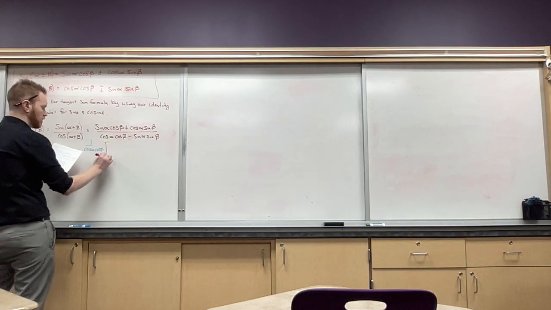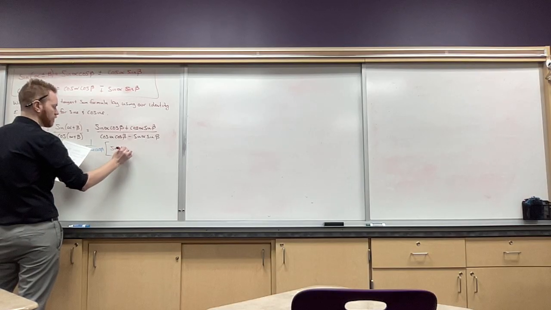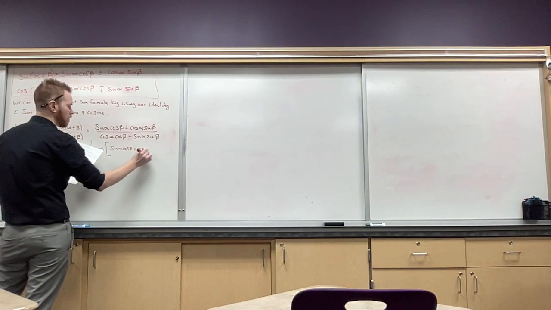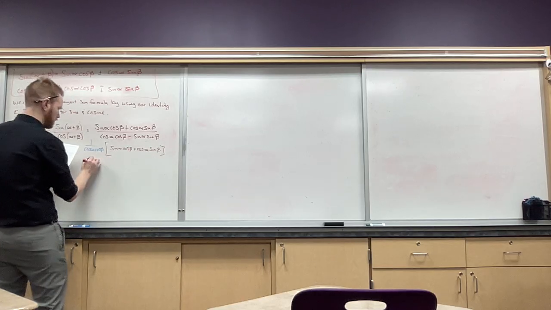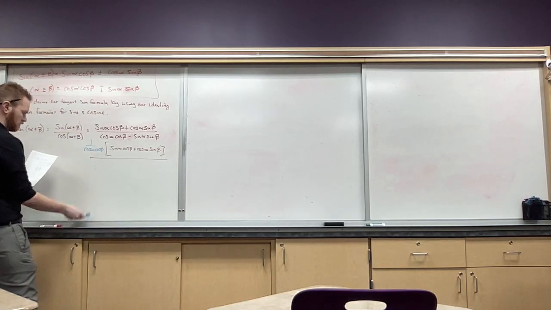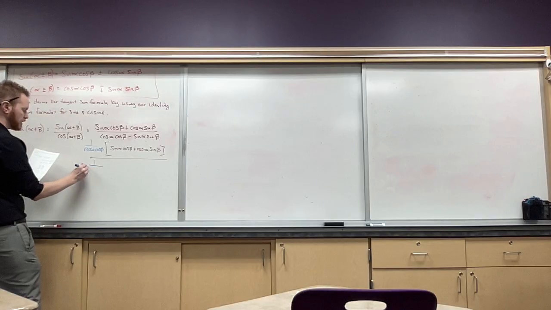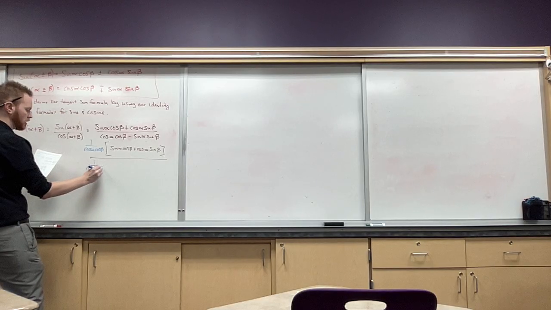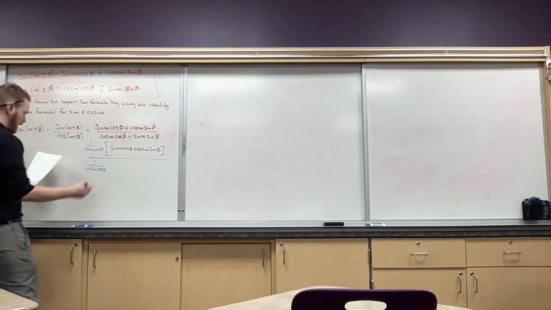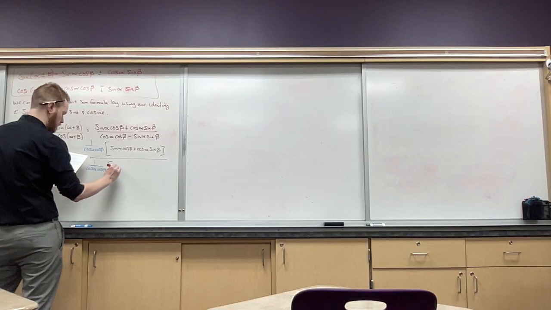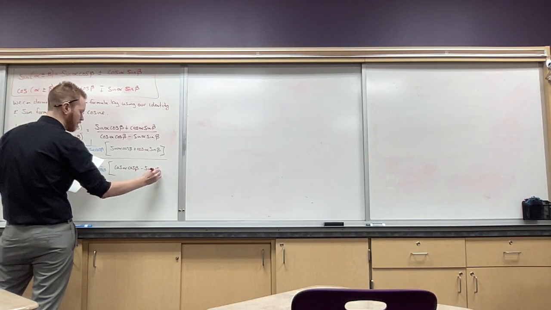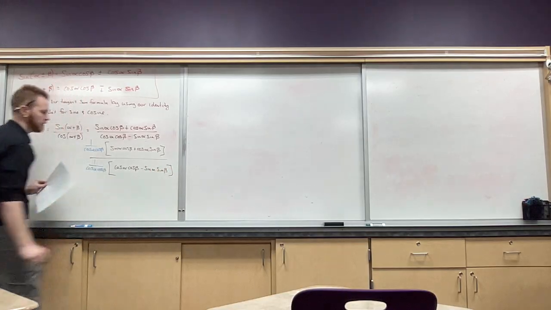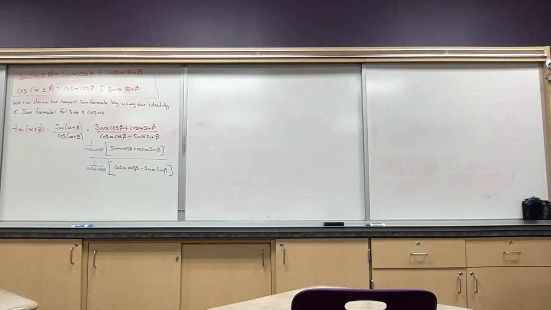I'm going to multiply top and bottom by that. Because I'm multiplying by the same thing, I'm not really changing the values of these equations. Okay? So what I just wrote in blue, this is me multiplying top and bottom by that.